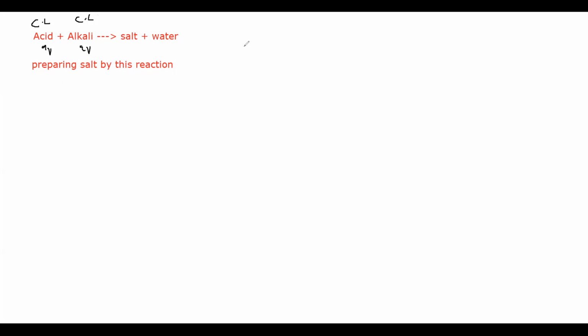So if two colorless substances are mixed together, for example, if I have acid in one container and alkali in another container, both are colorless. I just use the shade here to show how it is done. Both of the solutions are colorless, no color.